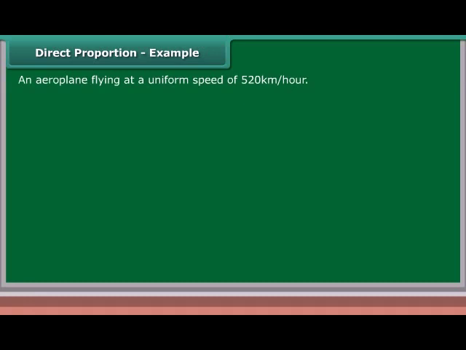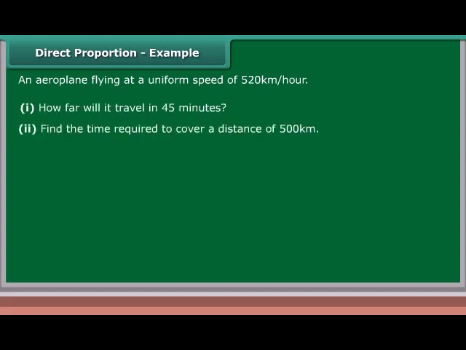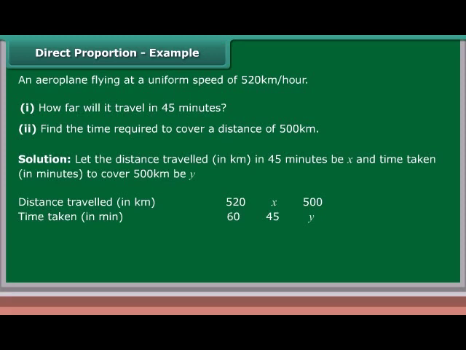Example: an airplane flying at a uniform speed of 520 km per hour. How far will it travel in 45 minutes? Also find the time required to cover a distance of 500 kilometers. Solution: let the distance traveled in kilometers in 45 minutes be x and the time taken in minutes to cover 500 kilometers be y.